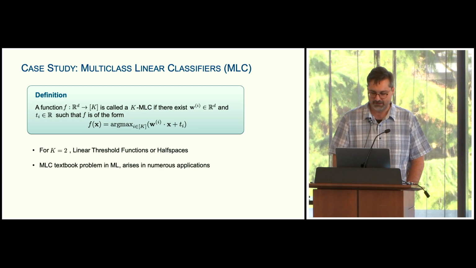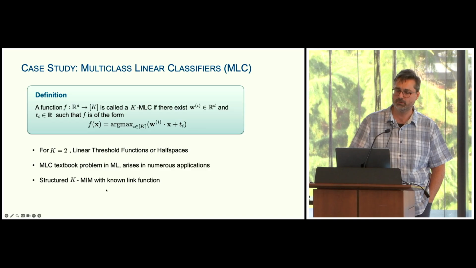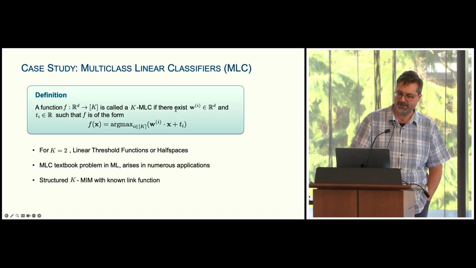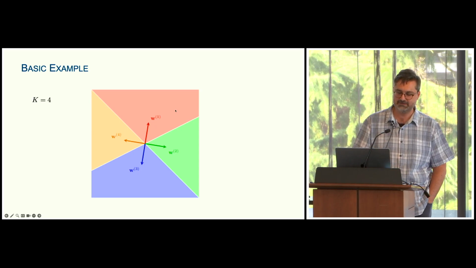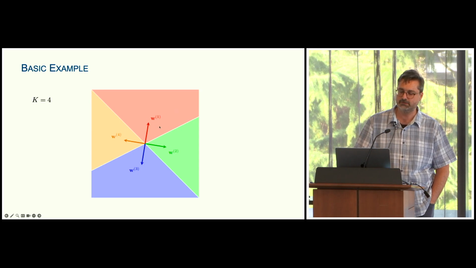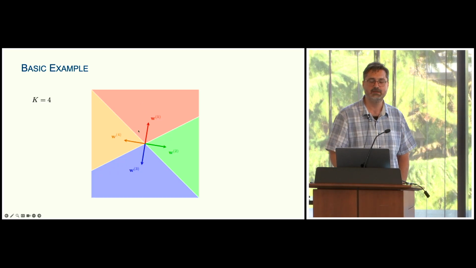Of course, this is a very special case of a multi-index model where the hidden subspace is defined by these w_i's, and it is k-dimensional. Here is an example of a multi-class linear classifier for 4 labels, where all the thresholds are 0, and the normal vectors define these 4 regions. The colors are the labels. This is how you partition the space.